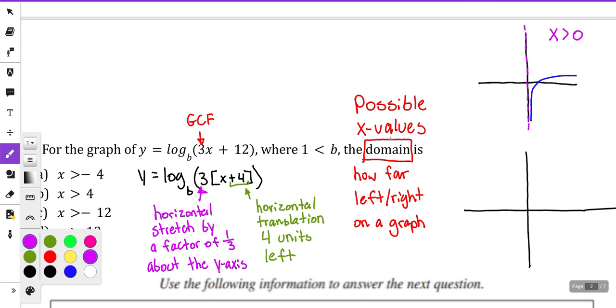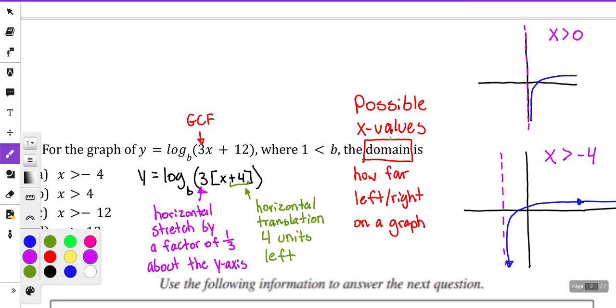And then it went 4 units to the left. So now my graph looks somewhat like this, and I could tell you what my new domain is. My new domain is x is greater than -4.